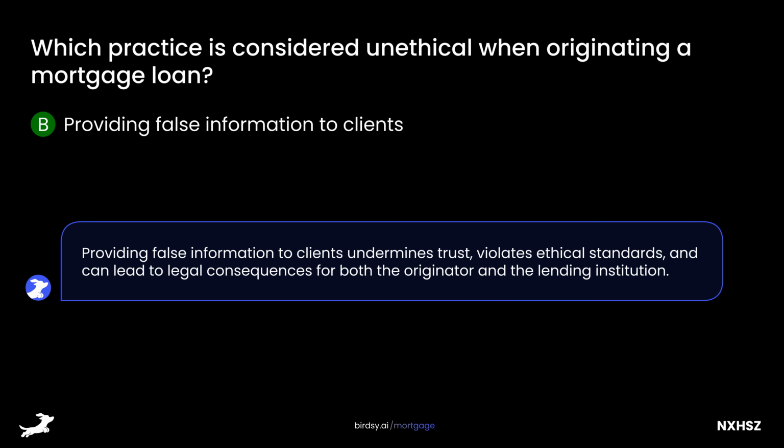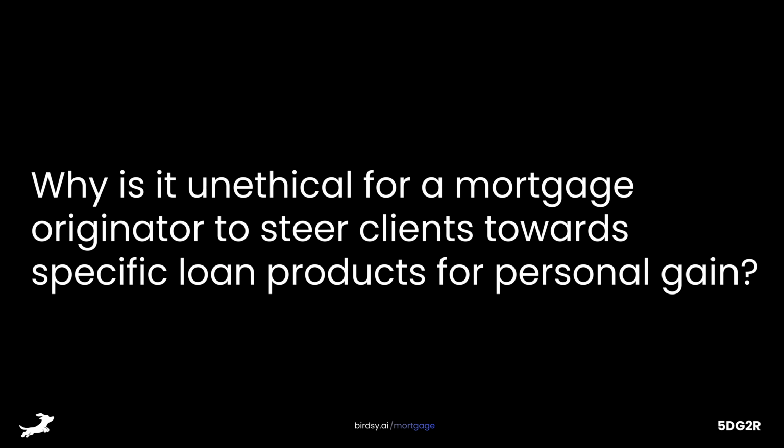Providing false information to clients undermines trust, violates ethical standards, and can lead to legal consequences for both the originator and the lending institution. Why is it unethical for a mortgage originator to steer clients towards specific loan products for personal gain?